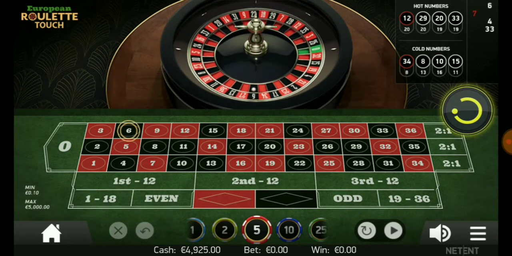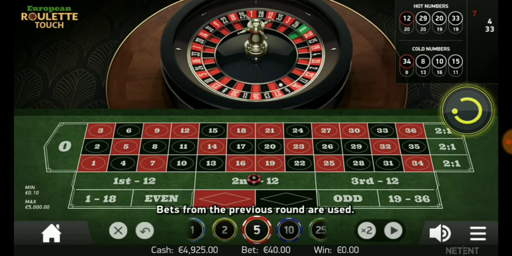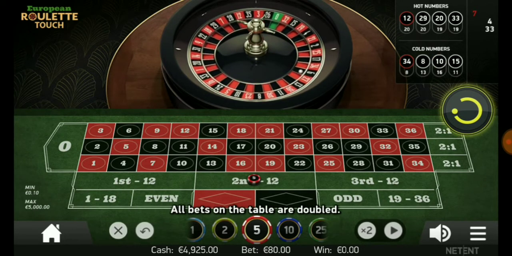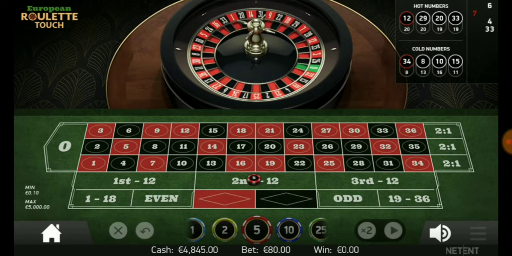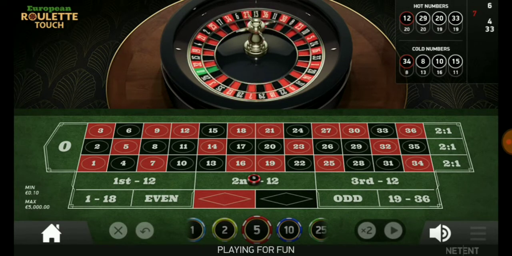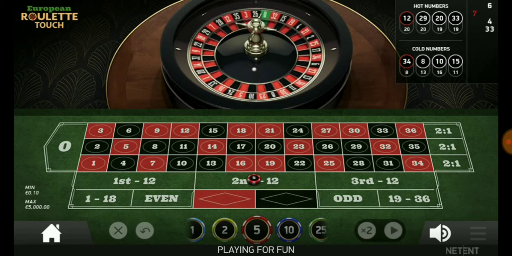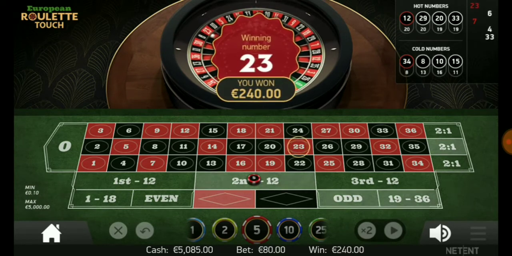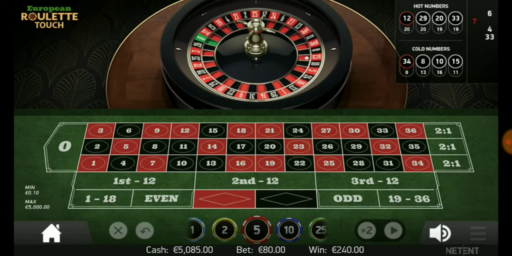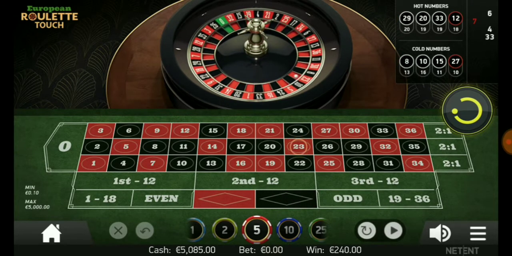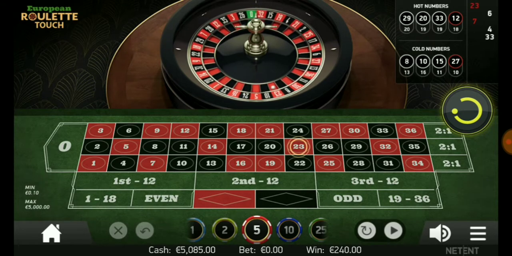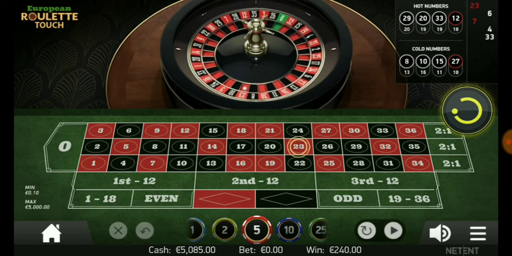That gives me an opportunity to double my bet, and the more I double, the more I win, if I win. So there has to be one point where I just win, and that's it. The winning number is red. This is what I'm looking for. So I just won 85 euros in 1, 2, 3, 4, 5 spins. I just won 85 euros.